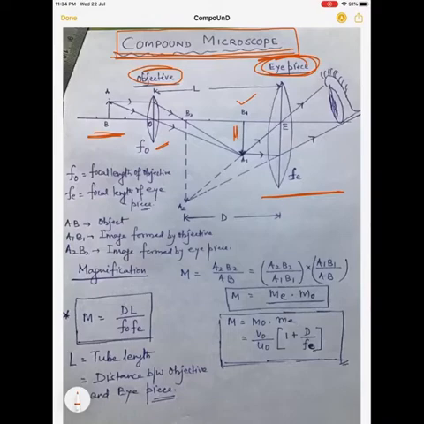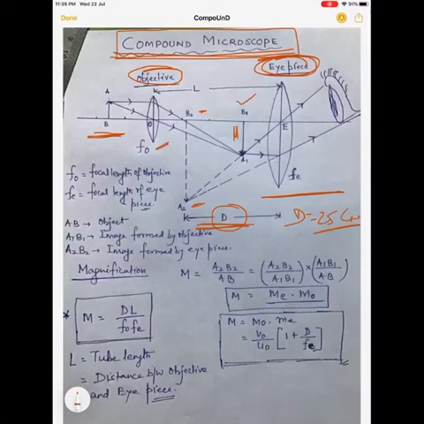Then as a result, a virtual, erect with respect to the object, and enlarged image A2B2 is formed at least distance of distinct vision. So this is all about the ray diagram, and the final image is A2B2, and by adjusting the eyepiece, the final image can be made at the least distance of distinct vision D, that is 25 centimeter.